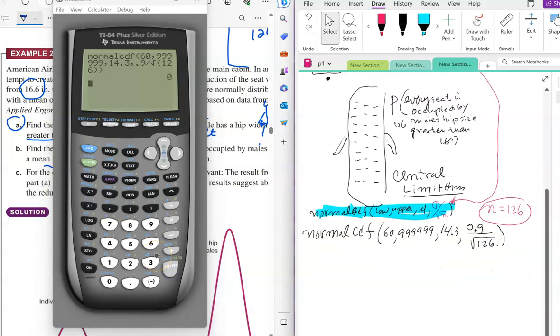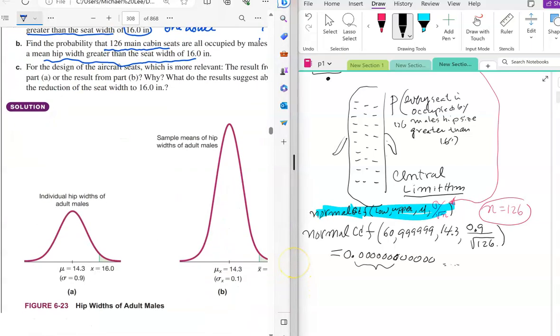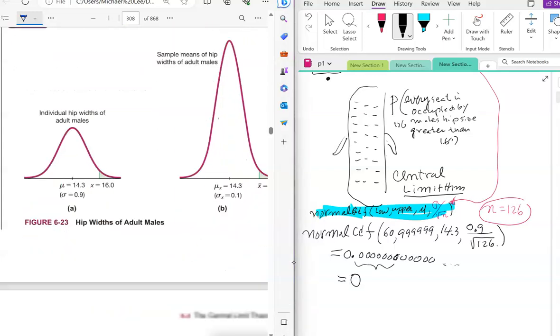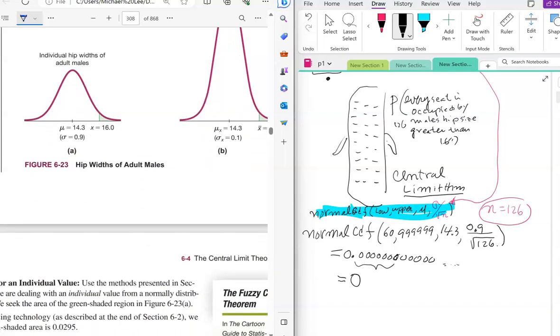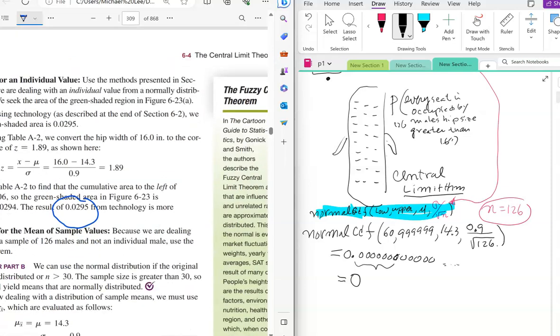This is 0. Why is it 0? Because there are so many zeros. Okay? There may be some numbers after that, but so many 0s up to here, up to 6 zeros. So it is 0. That's almost impossible, that all 126 people have hip size greater than 16 inches.